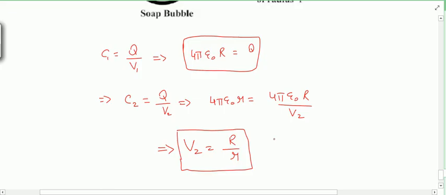And if I take small r in centimeters and put the value of capital R as 1, V2 can be found out by this. So we just have to find out the small r value.